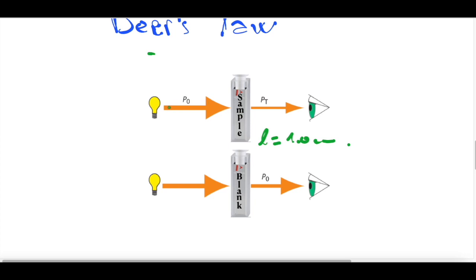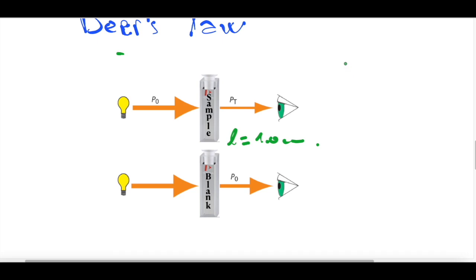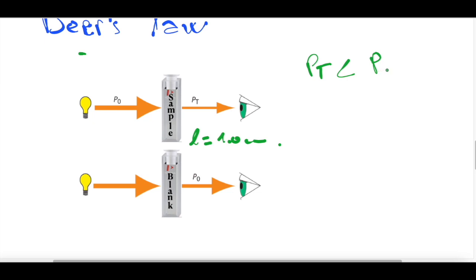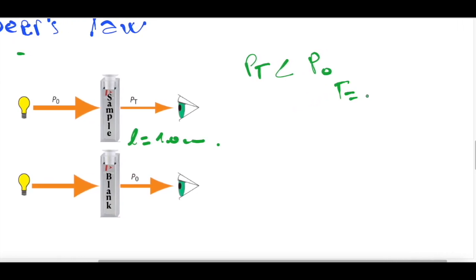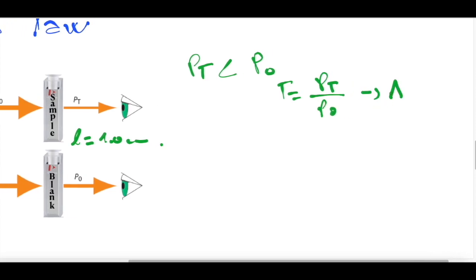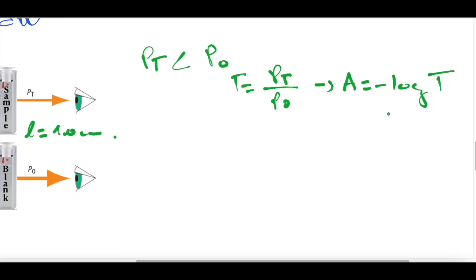Indeed, this incident radiation will experience a decrease in its power. So the power of the transmitted radiation is less than the power of the incident radiation. The transmission in this case is equal to Pt over P0, and the absorbance is equal to negative log T.